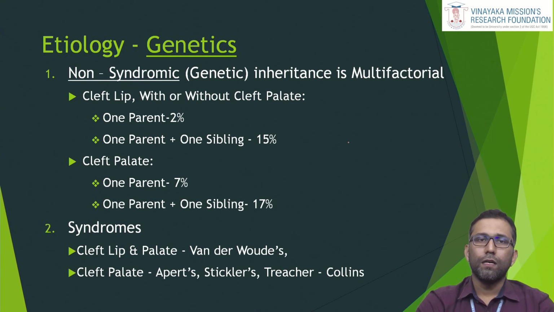So that is the genetic predilection, called non-syndromic inheritance. Coming to syndromic cleft lip and palate, there are a few syndromes associated with it, such as Van der Woude syndrome, whereas isolated cleft palate is present in Apert syndrome and Treacher Collins syndrome.